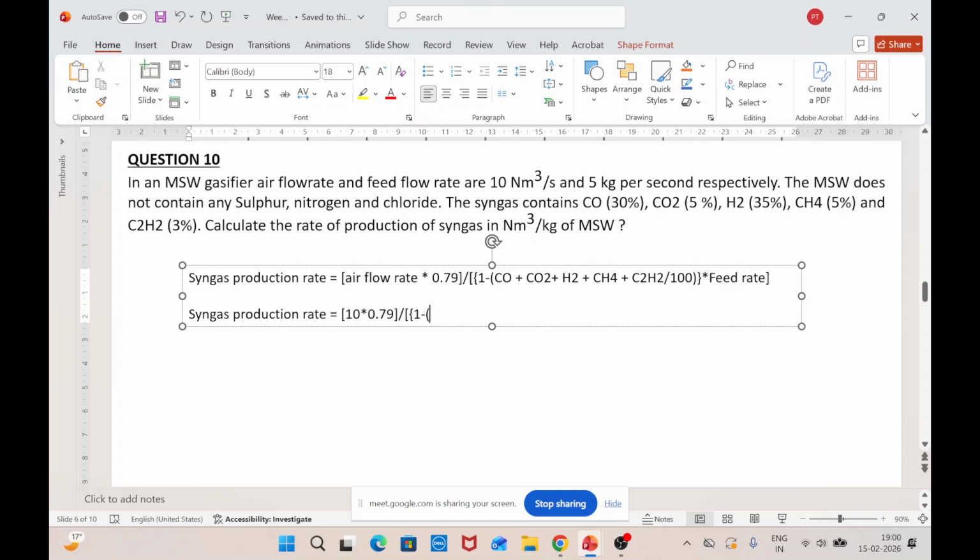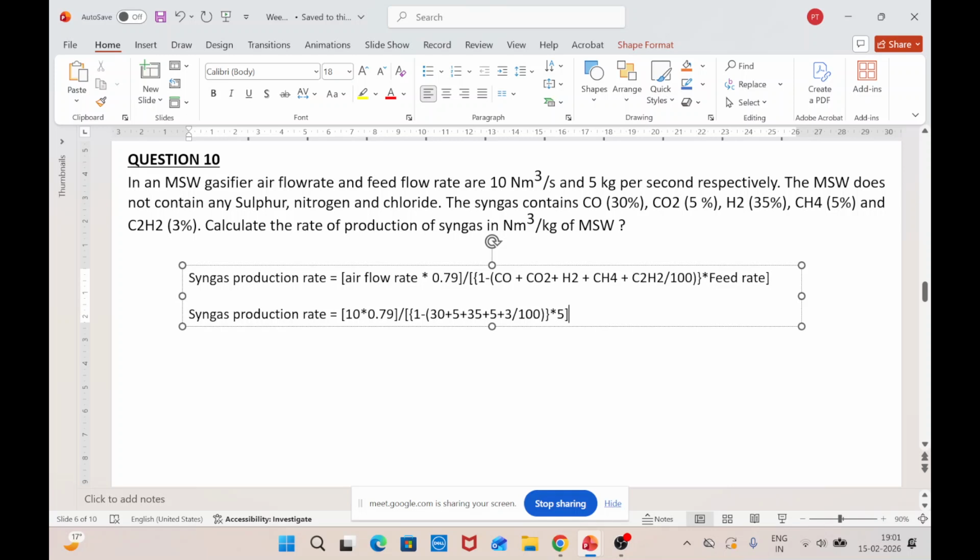So 1 by 30 plus 35 plus 5 plus 3. This times the feed rate. So the feed flow rate is 5 kg per second.